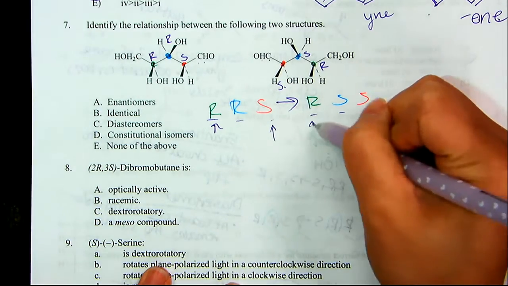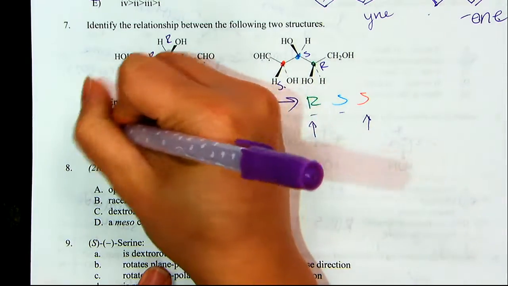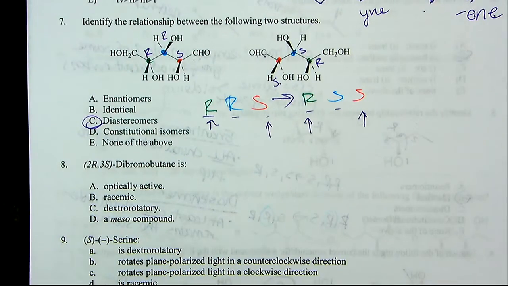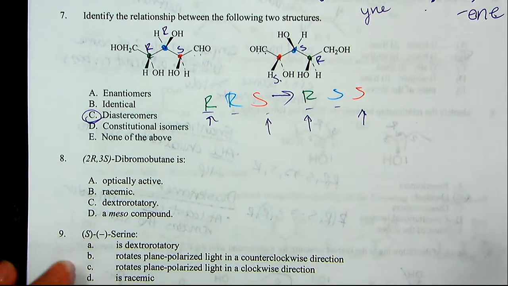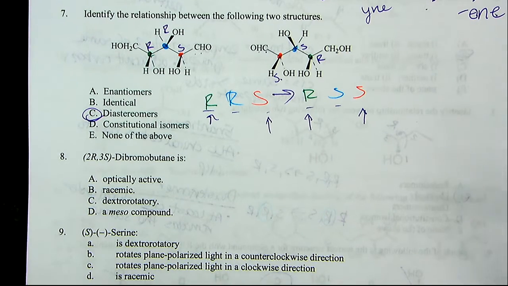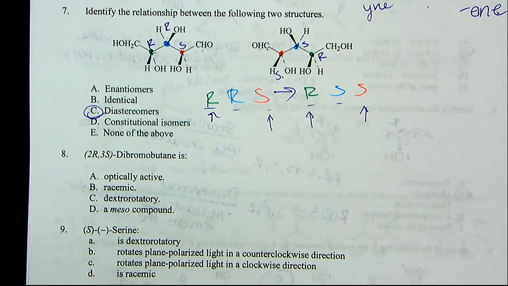So you have two of the centers staying the same. That means they are diastereomers. Remember, if one of them is the same, they are diastereomers. So be careful with that, don't assume that they're already over.